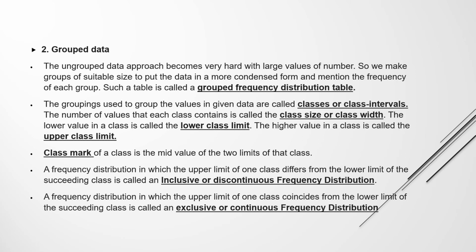A frequency distribution in which the upper limit of a class differs from the lower limit of the next, so upper and lower limits are both different, is known as inclusive. And when the upper limit of one class coincides with the lower limit of the succeeding class, it is known as exclusive. Let us discuss one example so that inclusive and exclusive are both clear to you all.